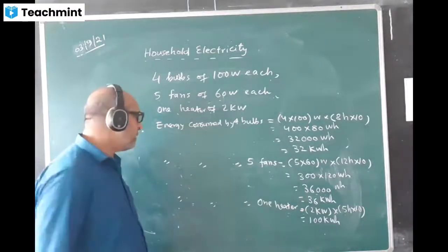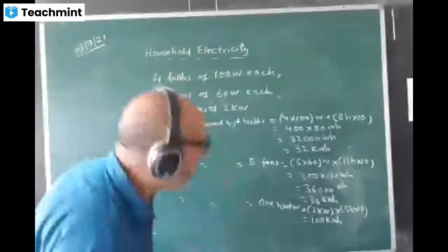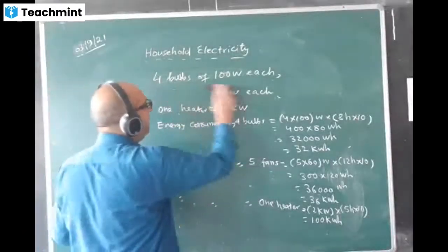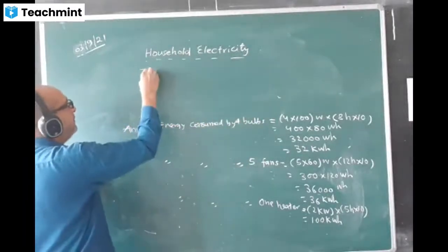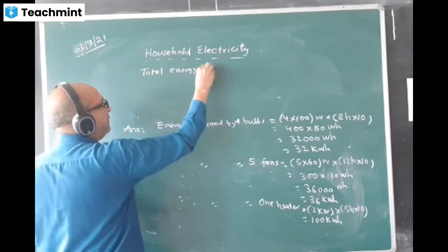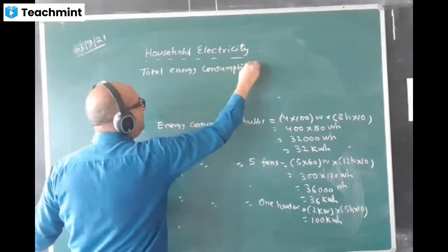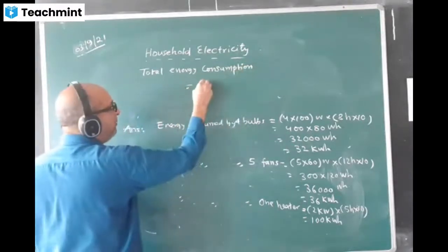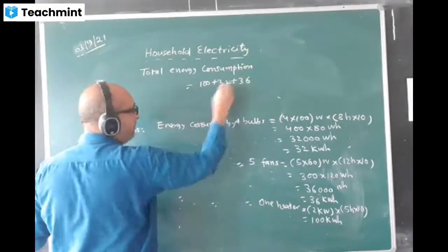What is the total energy consumption now? Therefore, total energy consumption, you add all: 100 plus 32 plus 36.